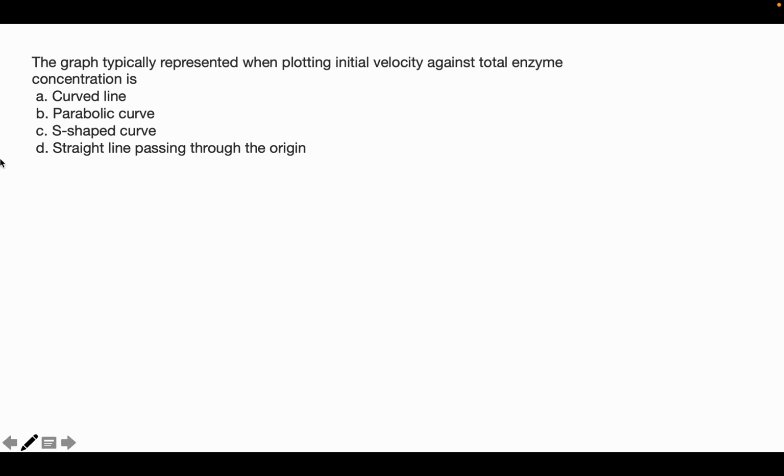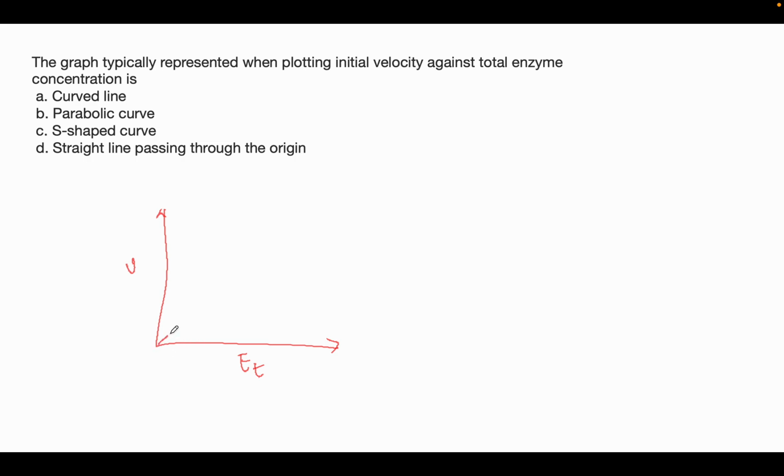The graph typically represented when plotting initial velocity against total enzyme concentration is, so how will the graph look? Initial velocity against total enzyme concentration ET.